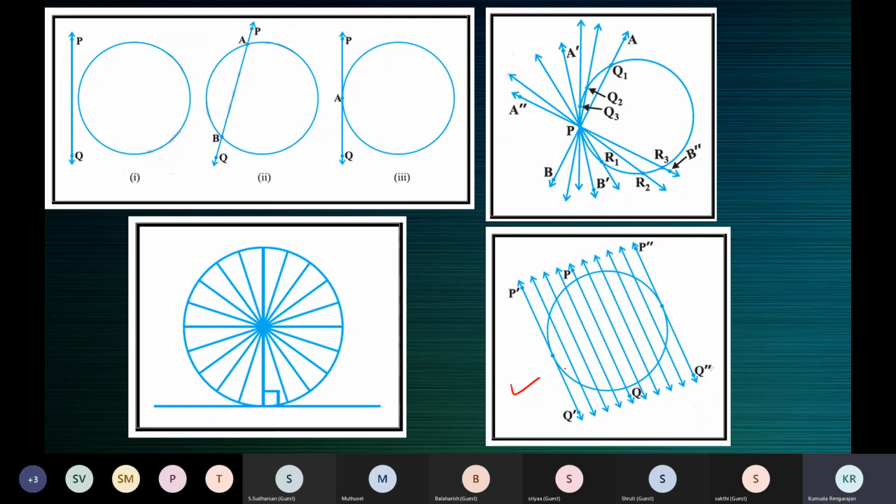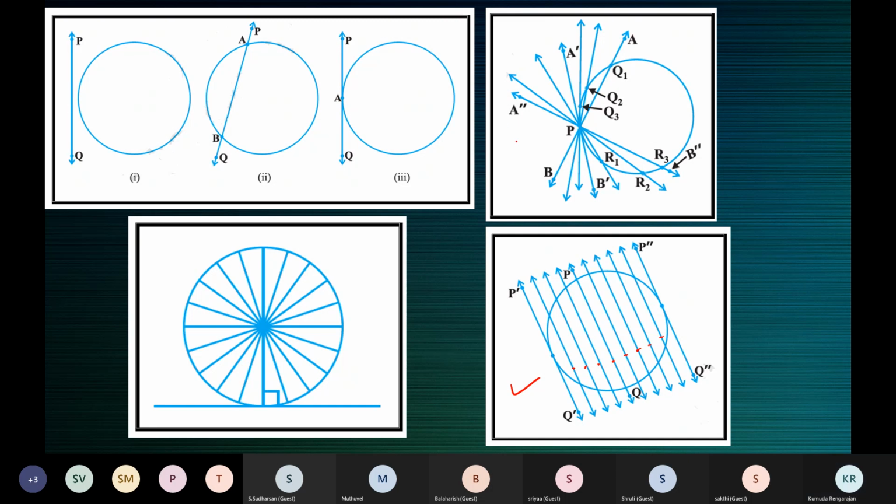Now you can draw many lines parallel to this tangent P dash Q dash. You can see that's what they've shown here. All these lines are drawn parallel to the tangent P dash Q dash.